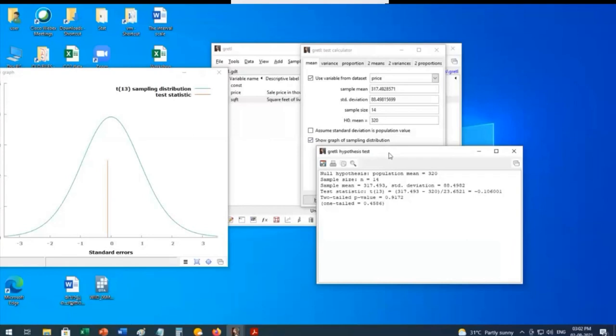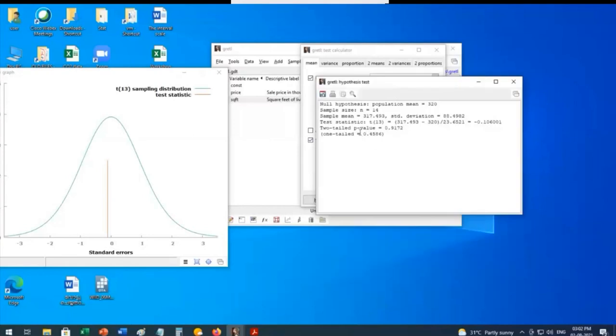Now we can also consider the p-value. Usually we do not check the estimated value with the critical value. We check the p-value. The p-value given is, for example, if we are considering the one-tailed test, then it is 0.4586.